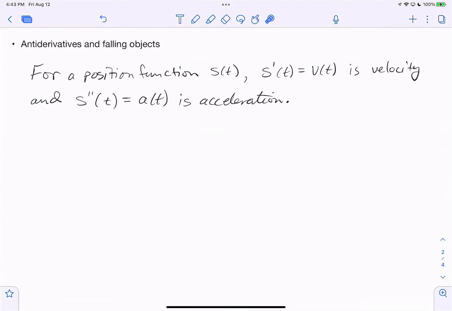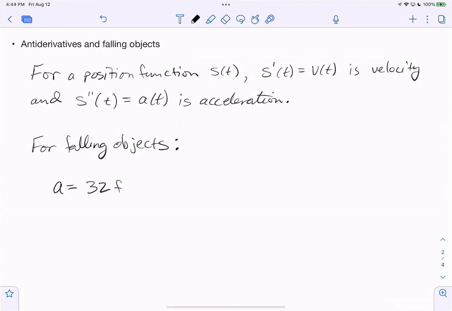It follows directly that if I know acceleration, then one antiderivative will give me velocity and another antiderivative will give me position. So for falling objects, acceleration is constant.